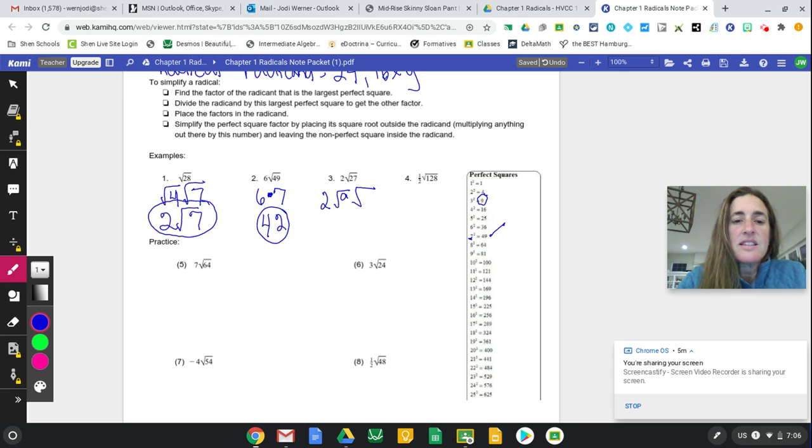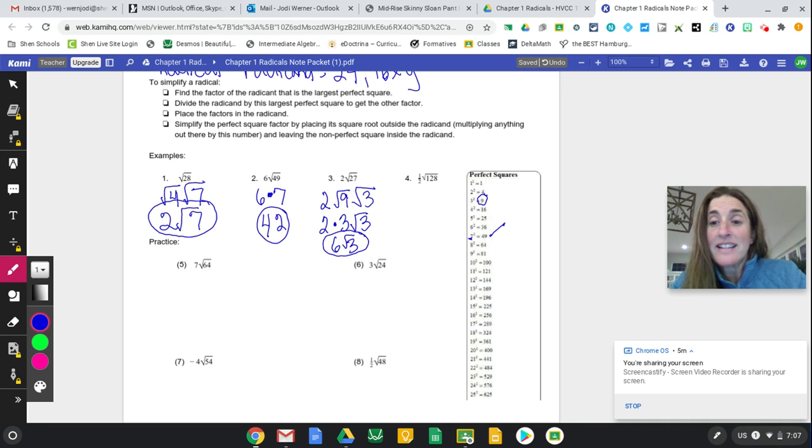But 9 does. 9 times 3. Now, that becomes 2 times 3, radical 3. And 2 times 3 is how much? 6, radical 3. Leave that radical 3 underneath there because he's naughty. He's not a perfect square. So much fun. Let's try one more.